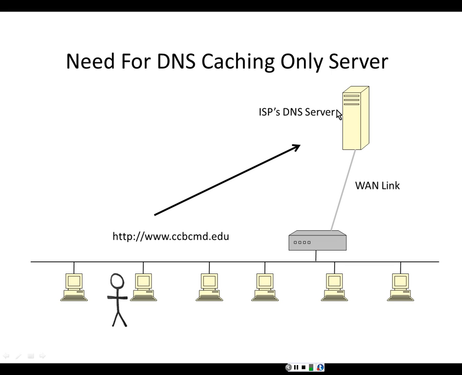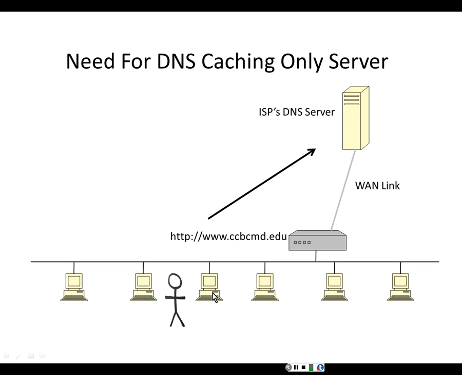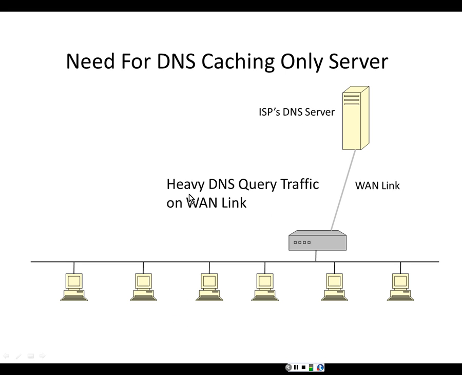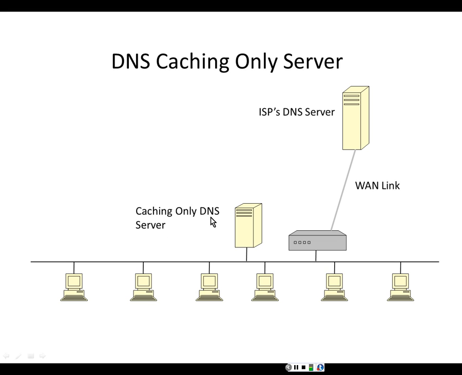The query goes to the ISP's DNS server over the wide area network link, and the DNS server responds. A third user at the same site wants to go to the same website, but his query goes over the wide area network link to the DNS server, and the statement of the problem here is this causes heavy DNS query traffic on the wide area network link. So the solution is to get a DNS caching-only server.